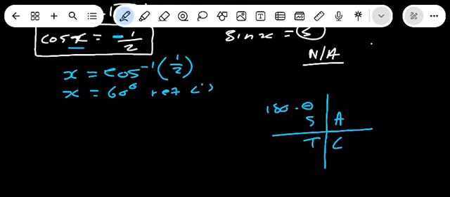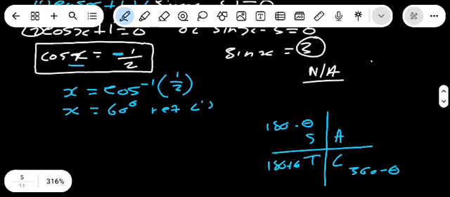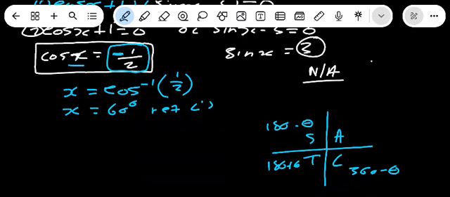So here 360 minus theta. So you check, cos is negative from here. Cos is negative in which quadrant? You check. It is negative here and here only.